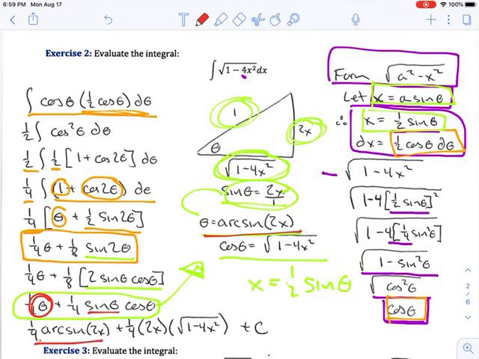Sine of theta is 2x. And cosine of theta is the square root of 1 minus 4x squared. Simplify it: that 2 and that 4 cancel out, so you end up with x over 2 times the square root of 1 minus 4x squared, plus C. And so we are done.